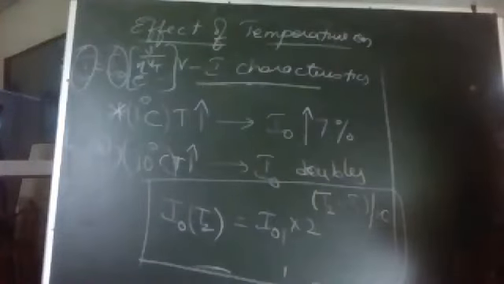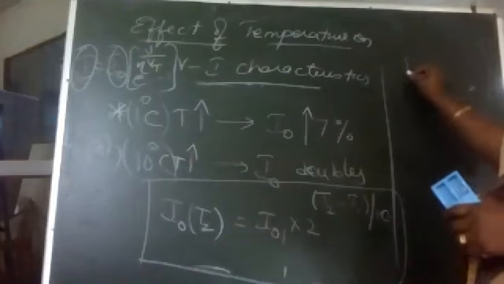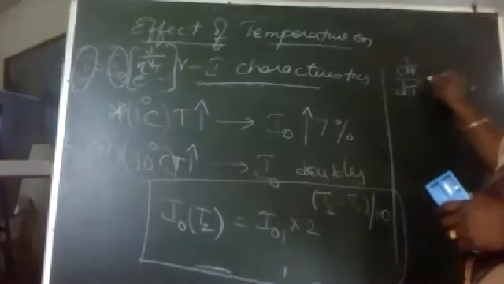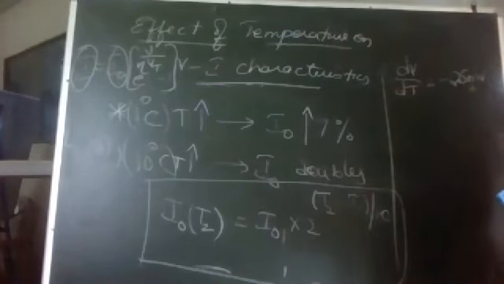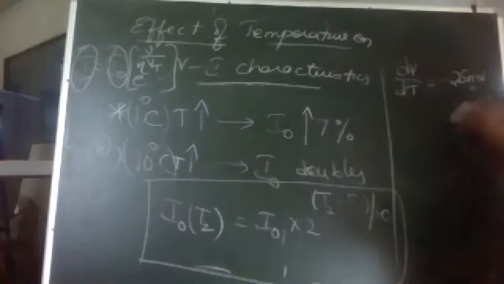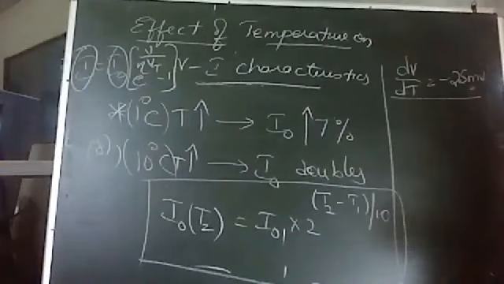And the other one is how voltage is getting affected. For that you have dV by dT equal to minus 2.5 millivolts. How to understand this?